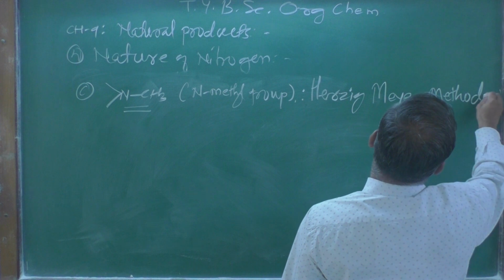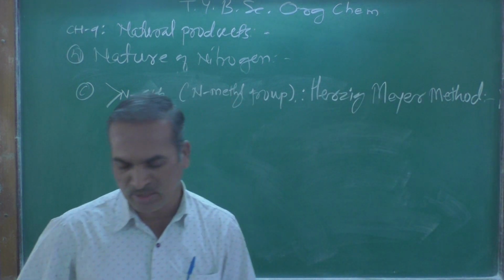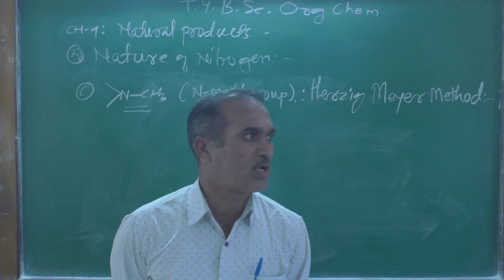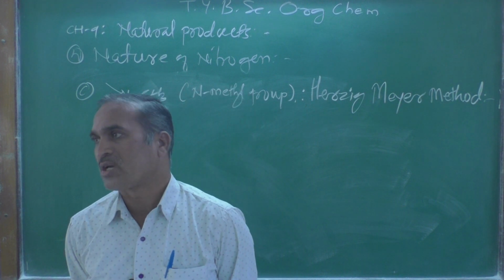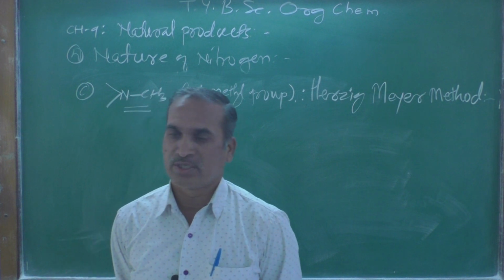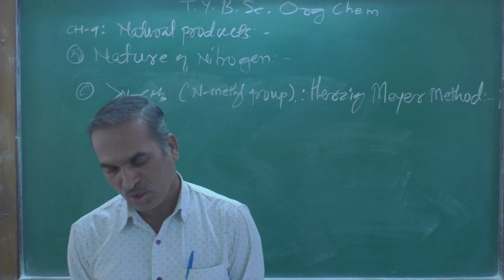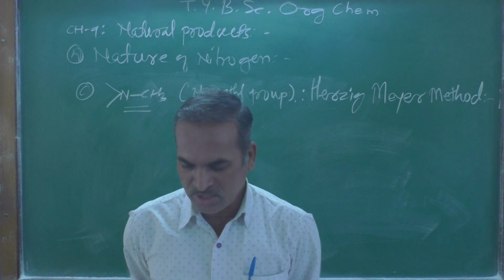Herzig-Meyer method. This is the name given to that method. And what is that method? Let us see what reagent or chemical he used for the detection of the N-methyl group in the alkaloid that we are discussing.